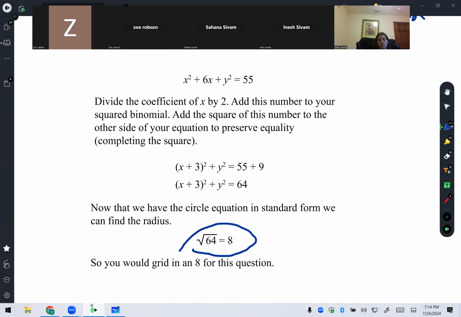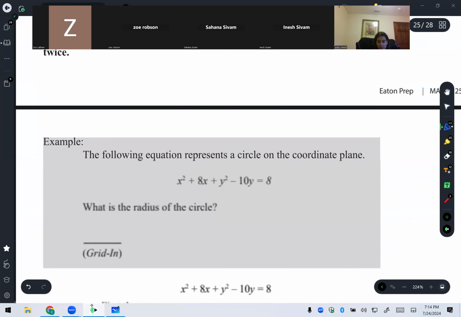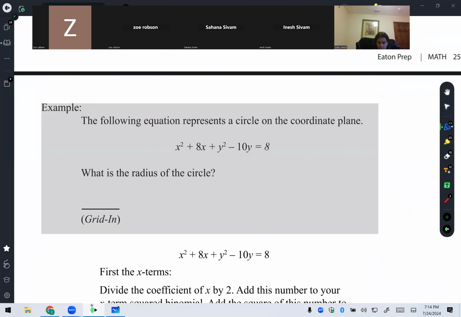Since I haven't asked about this, you can see we're coming to the end here. Let's try this next example, and then I'll ask if you're okay. This time we have to worry about the x and the y because the center is at -8, 10. We're going to divide that by 2.